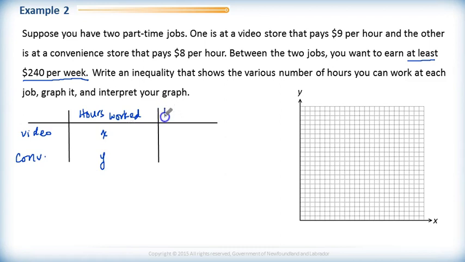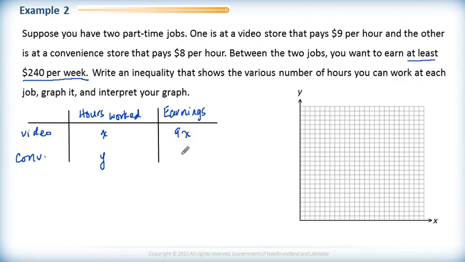Now the earnings from each job. That would be the rate of pay times the number of hours worked. So for example, if I worked 2 hours at the video store, I'd be making 9 times 2, which is $18. But if I work x hours, it's 9 times x for the earnings.